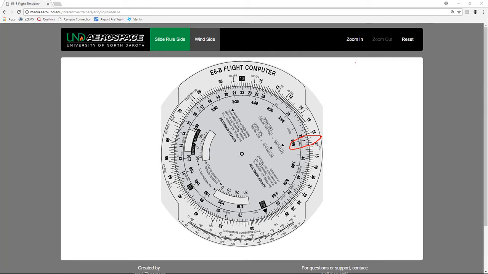So we could find that distance on the A scale. We'll use the number 83 to represent 8.3, so that would be right here. And we can look on the C scale to determine the amount of time it will take in minutes. That shows approximately 3 minutes to travel 8.3 miles at 165 knots.